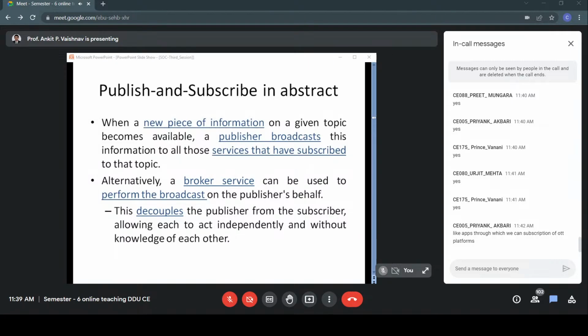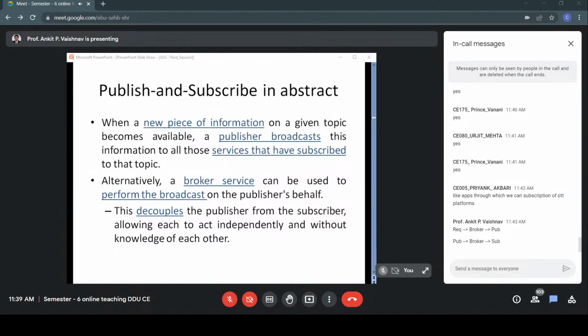The requester service sends the request to the broker, and the broker forwards that to the publisher service. Whenever there is any update, the path is reversed. The publisher service sends it to the broker, and whenever the network is free of clutter, it sends it to the subscriber, or the requester, following this path.